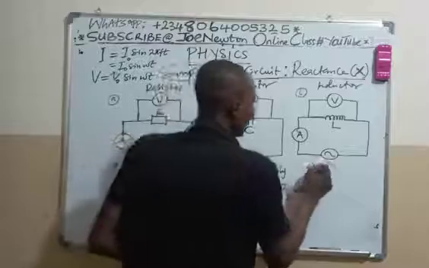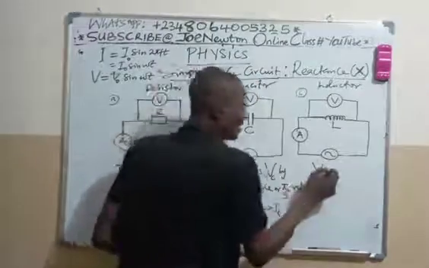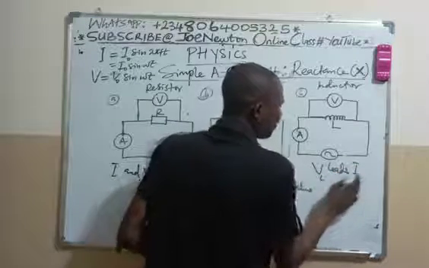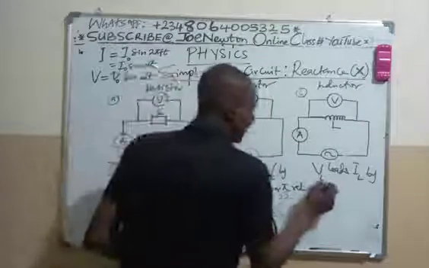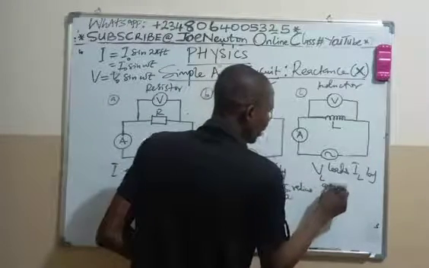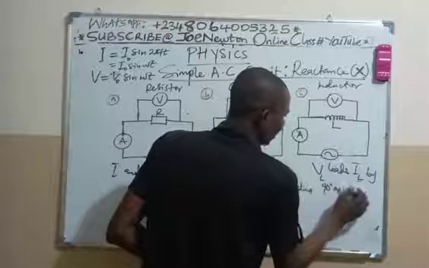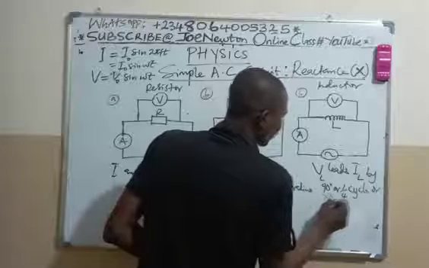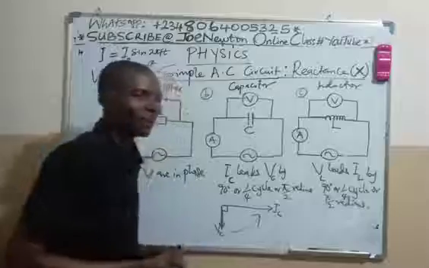So here, VL, the voltage of the inductor, leads IL. Voltage leads by the same phase angle, a right angle, 90 degrees, or 1/4 cycle, or pi/2 radians. So this is what happens.